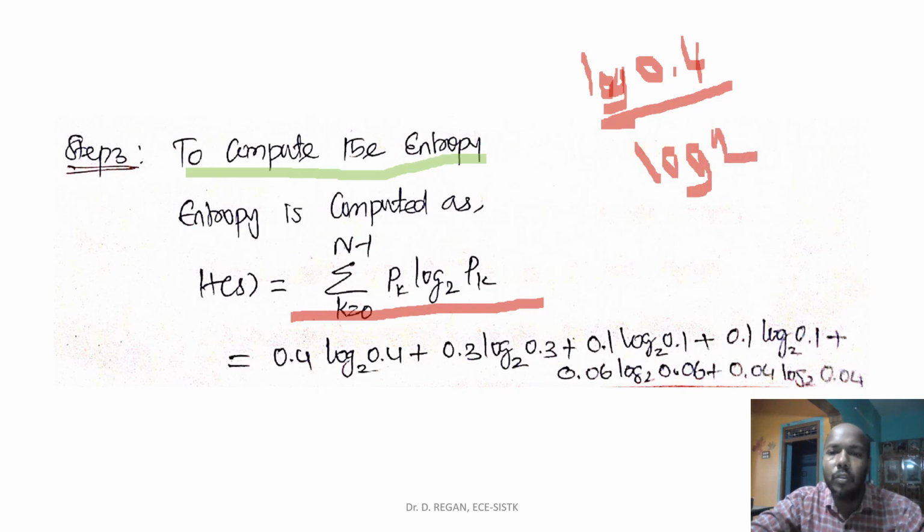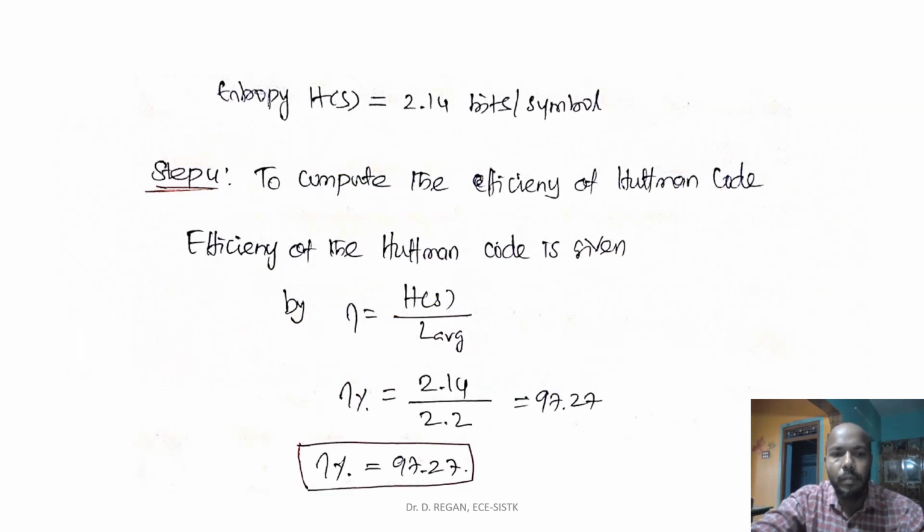If you calculate in this way, you will get the answer for log base 2 of 0.4. Okay, so like that I calculate all the symbol values, which will give the entropy of this source. Now we got the entropy of the source as 2.14 bits per symbol.